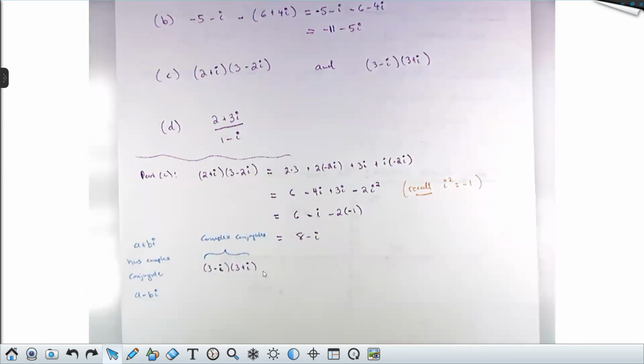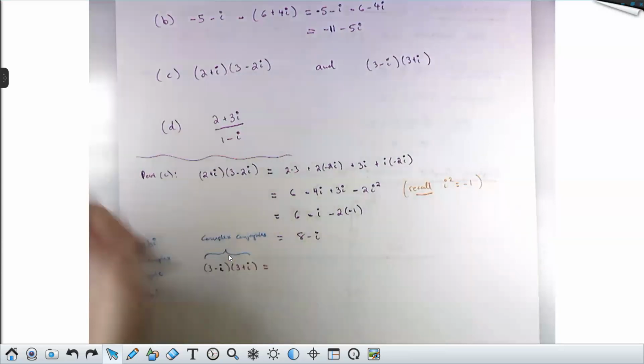So if you change the sign of the imaginary part, or if you swap i for negative i, you get a special number called the complex conjugate of the first number. And these multiply in a neat way. We'll just do it out the same way we did above, but you'll notice an interesting pattern.